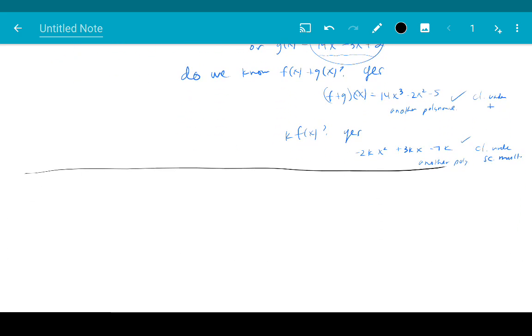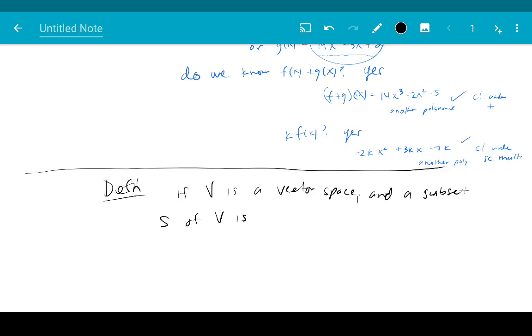So here's a definition. Sometimes you have vector spaces inside other vector spaces. If you're familiar with the idea of a subset, it's a smaller set inside of a larger set. Here's a definition. If V is a vector space, perhaps one of the famous ones we just talked about, and a subset W of V, I like to use the letters that the book uses.